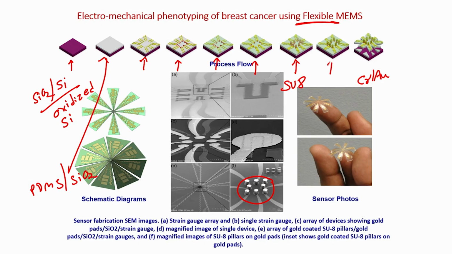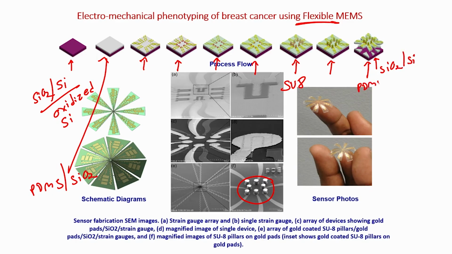So, here we have coated the SU8 pillar with a metal, and finally, we are able to detach the chip, or the sensor, or the MEMS device from the base which is our SiO2 over silicon.